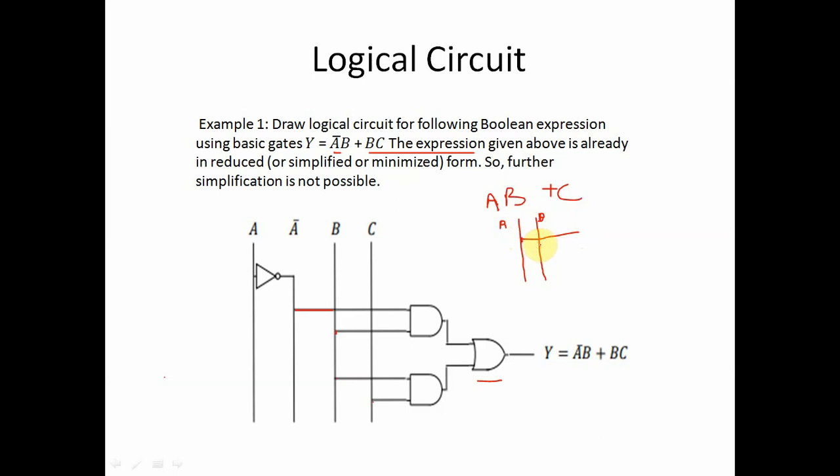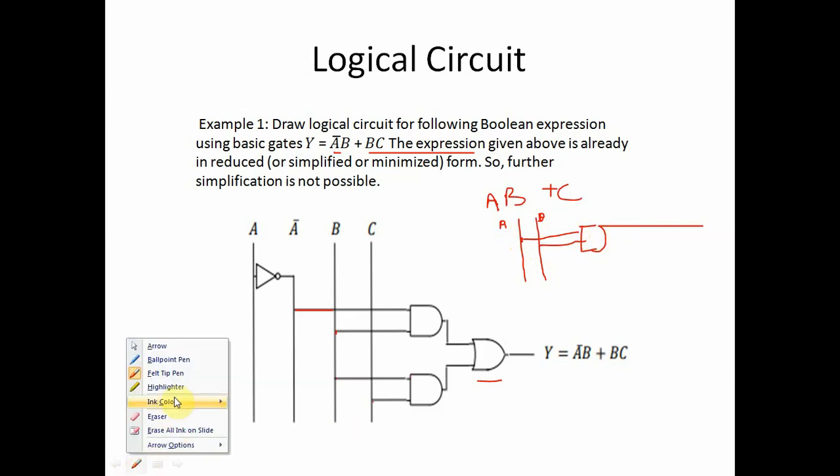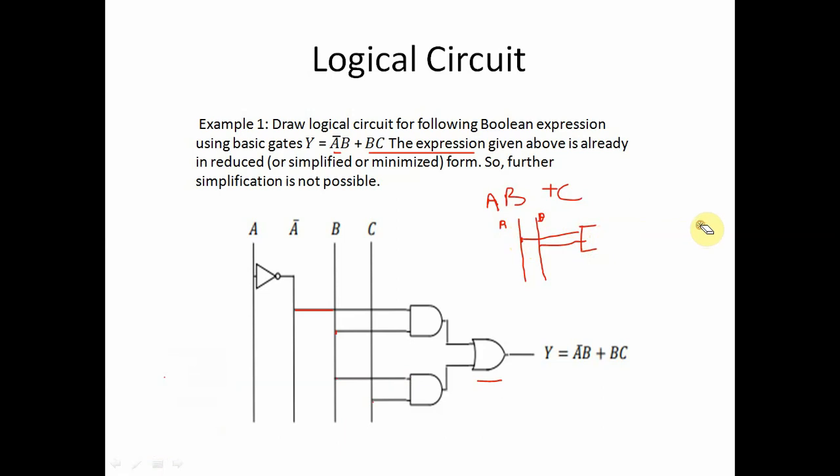The AND gate is present, so I draw the AND gate here. This gives the AB term. After that I write AB plus C. Here I take C, and in between there is an OR gate.